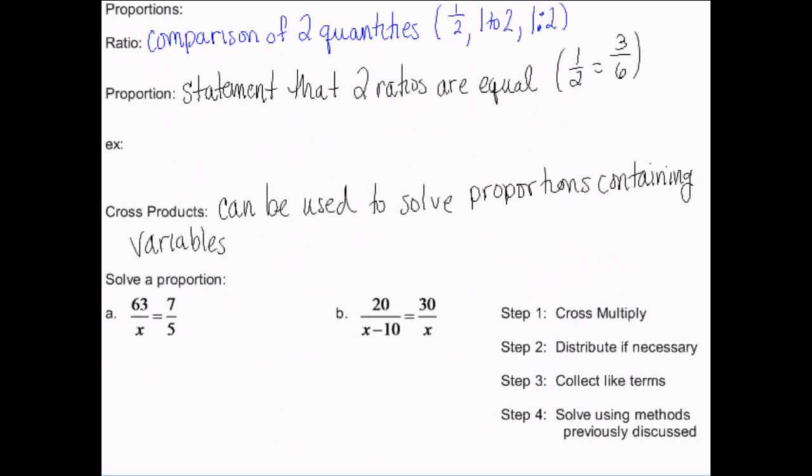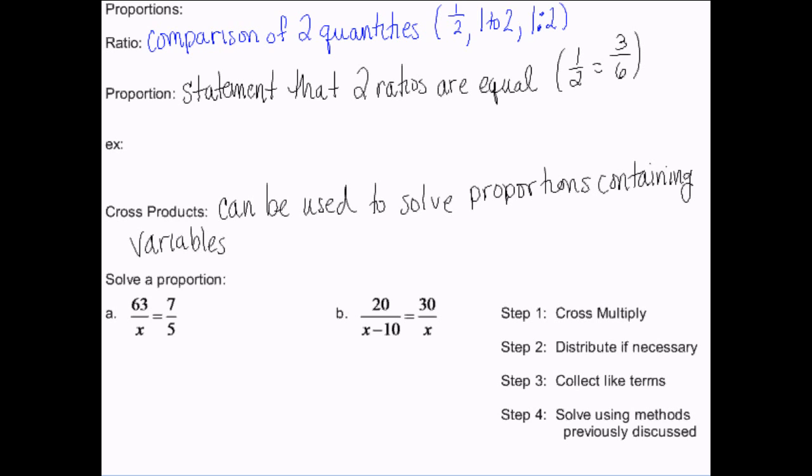So a ratio just compares two quantities. It can be written 3 different ways: as a fraction, as a sentence, or with a colon. So I could do a ratio. Let's see. There's 1, 2, 3, 4, 5, 6, 7.